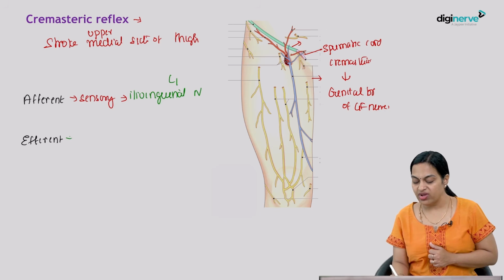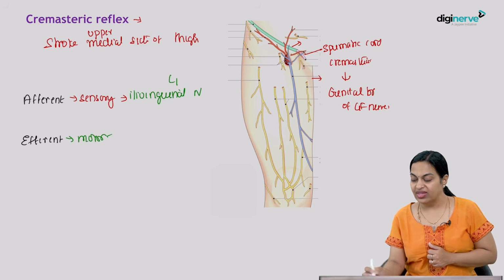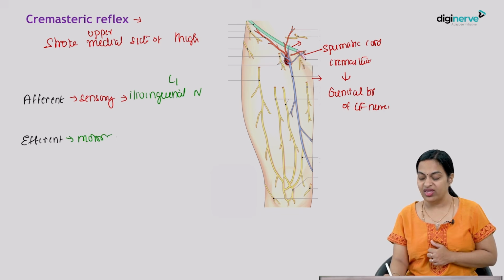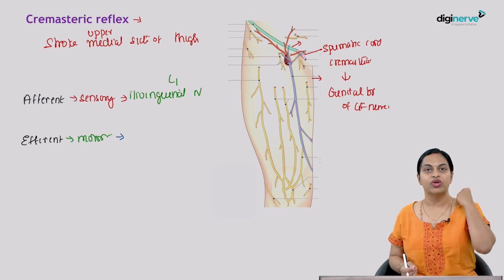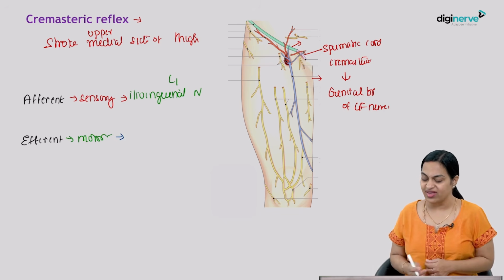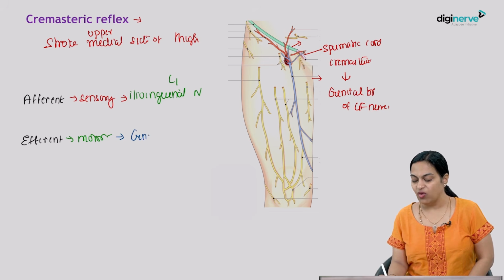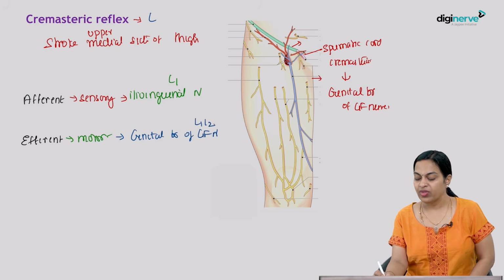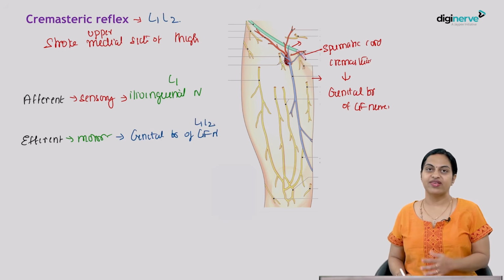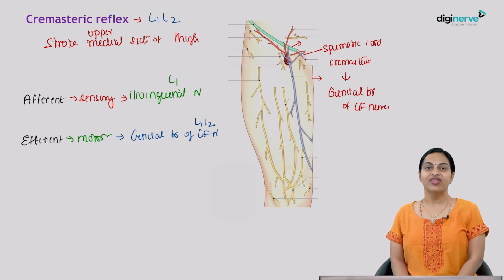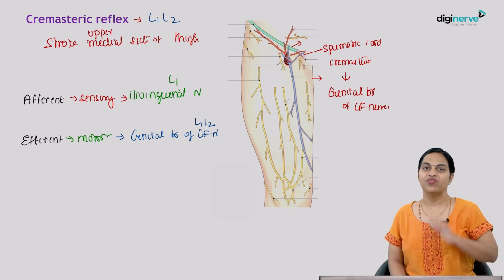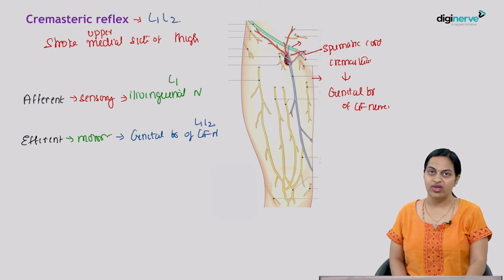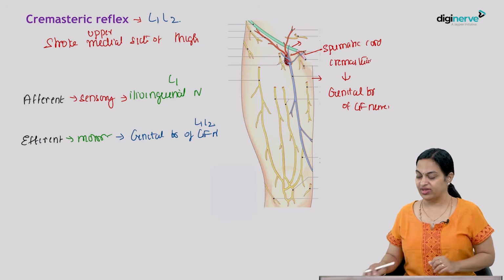So this is the motor component. And the nerve responsible for the contraction of the cremaster muscle and the movement of the testis towards the superficial inguinal ring is genital branch of genitofemoral nerve. The genitofemoral nerve has a root value L1, L2. So the cremastric reflex is related to L1, L2 segment of the spinal cord. This is again an important MCQ high yield topic for you, okay? So understand that, you'll remember it.